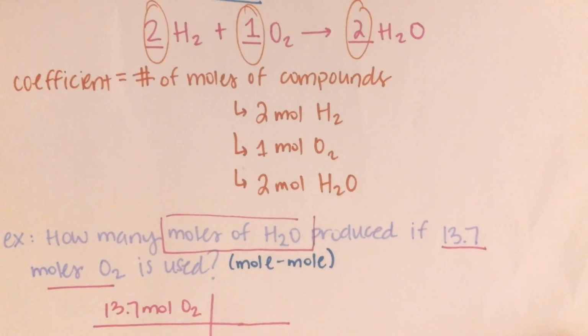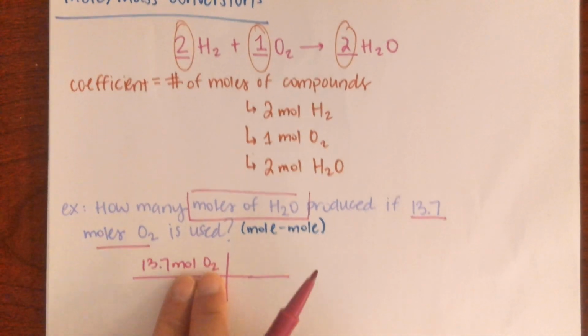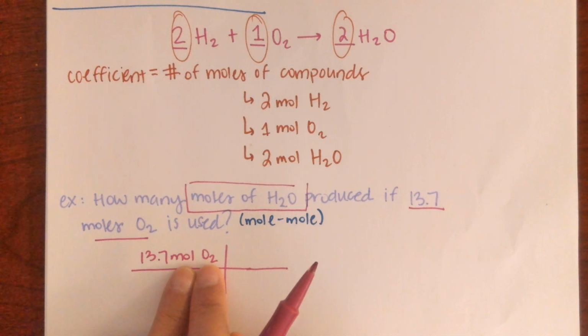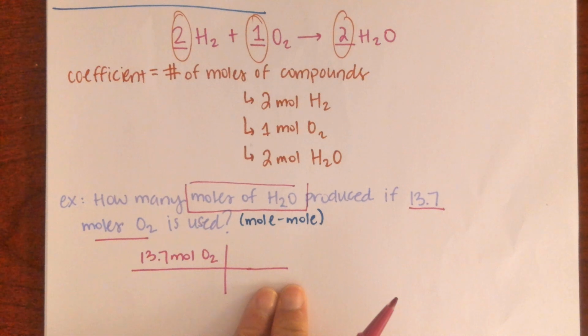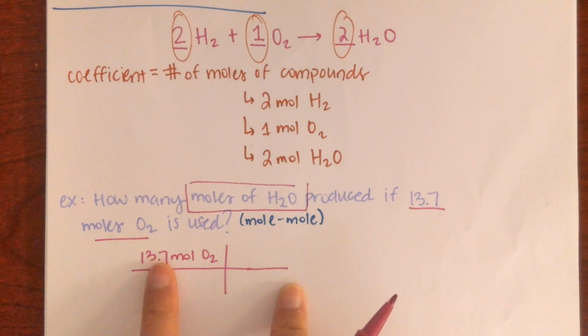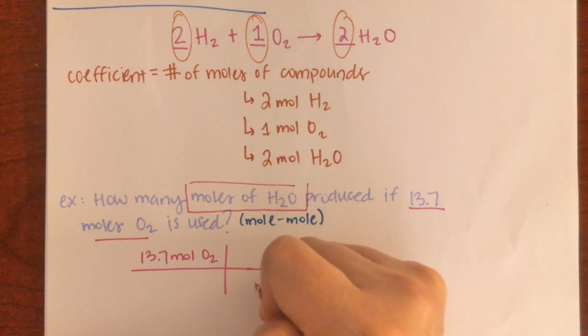Alright, so let me zoom out just a little bit. Always write your units in your train track so it tells you what to do next. So I have mole of O2. I'm going to move that diagonally, and by moving it, it's just the units. Do not copy down the number. So mole of O2 here, move it down here, mole of O2.